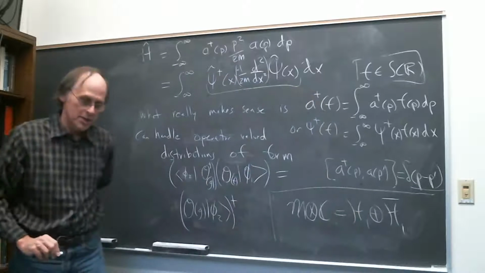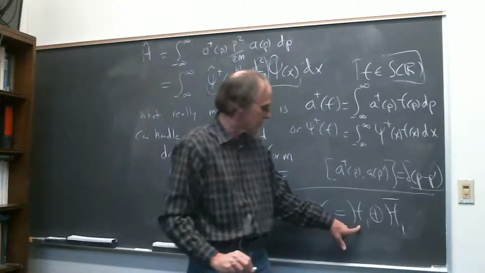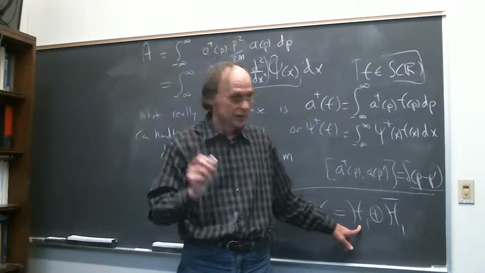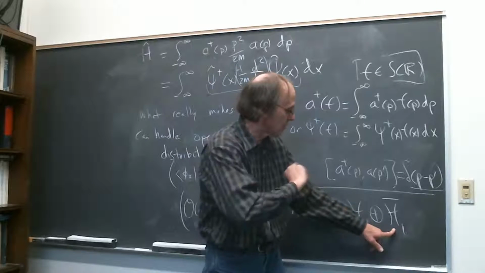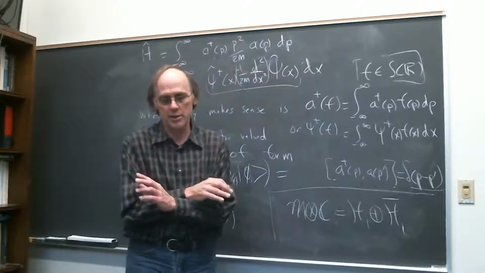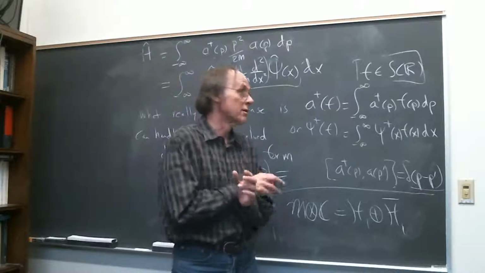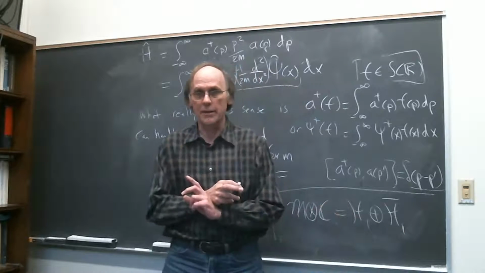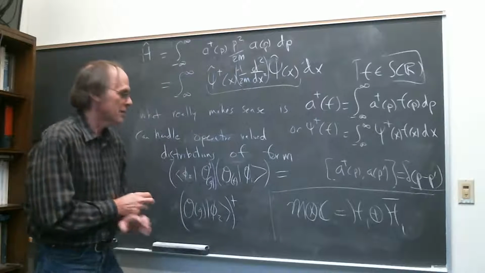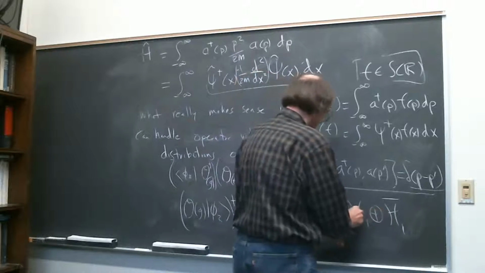Okay. So this is a very simple thing. It's just the solutions to the free particle Schrodinger equation. This is just the complex conjugate, or if you like, it's the solutions to the Schrodinger equation with the opposite sign. These are nice well-defined spaces.